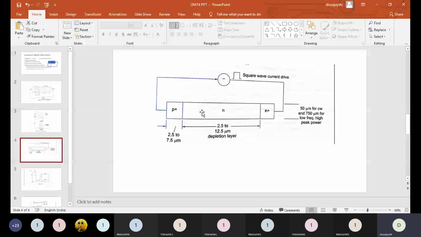Whatever plasma is extracted across these two ends of this TRAPATT diode, that process we call residual plasma extraction.